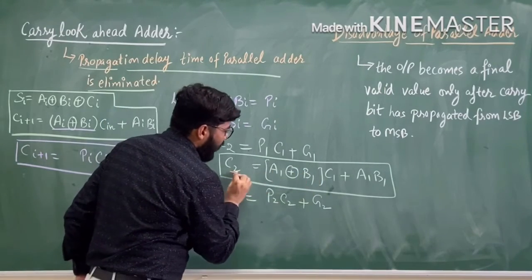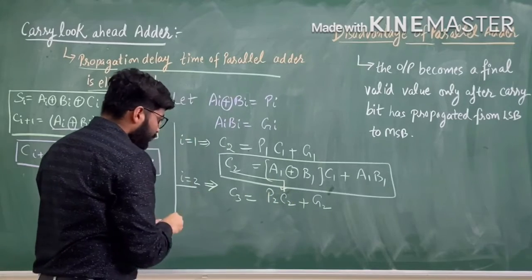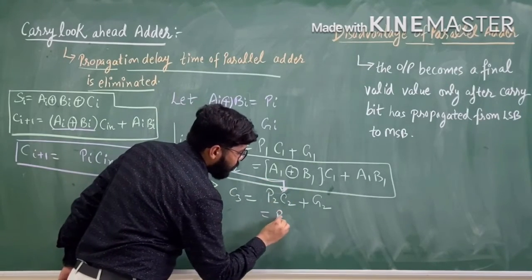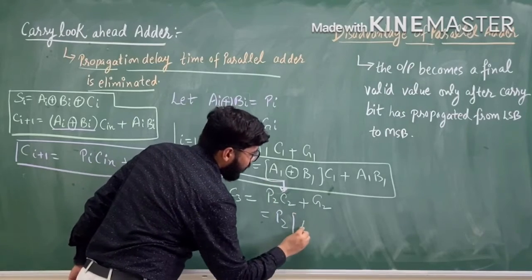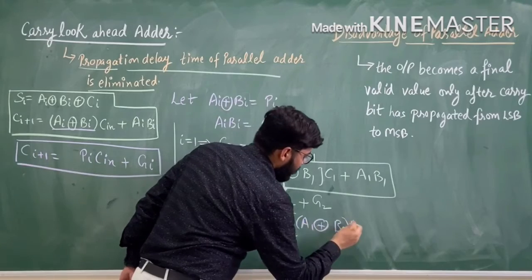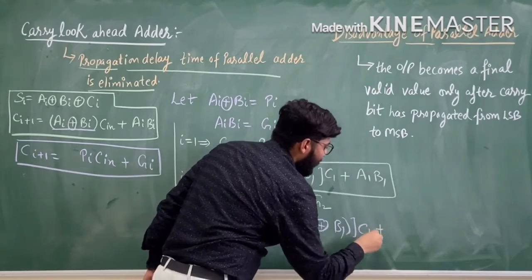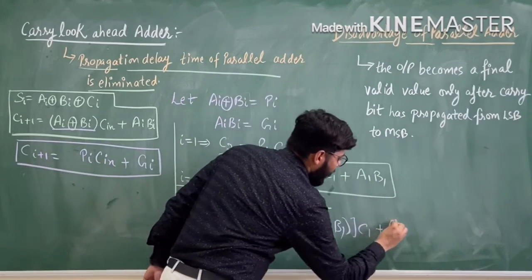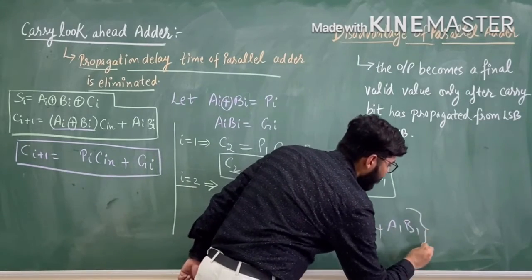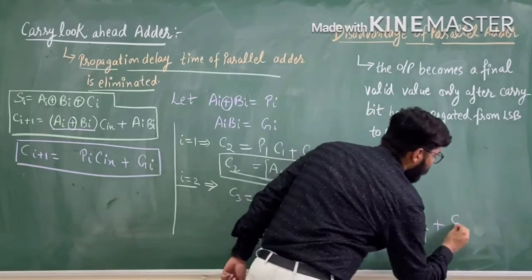If we put the value of C2 here, we get P2 times (A1 XOR B1) C1 plus A1 B1, the whole bracket, plus G2.